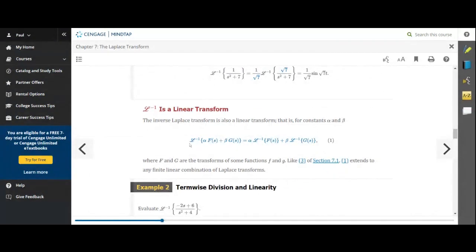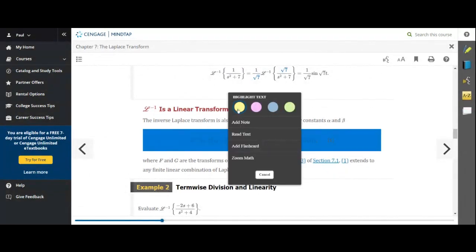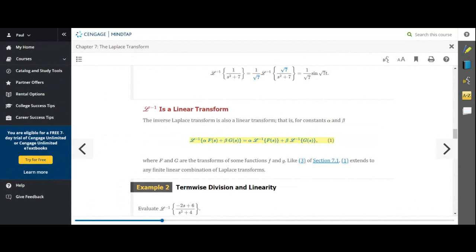So if you have the inverse Laplace transform of a linear combination of functions, that's going to equal the linear combination of the inverse Laplace transforms. And again, that idea is based on the Laplace transform being defined as an integral, and so rules for integrals would follow for Laplace transforms.